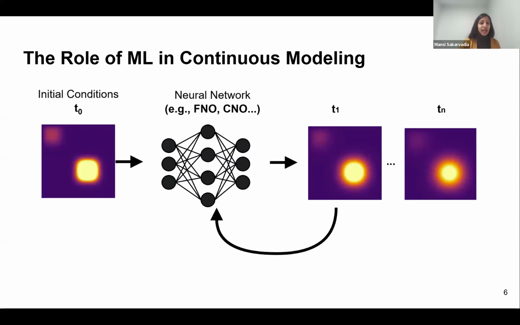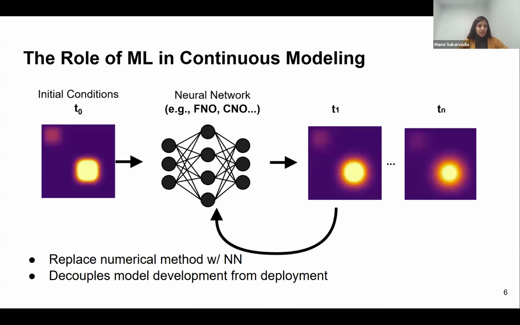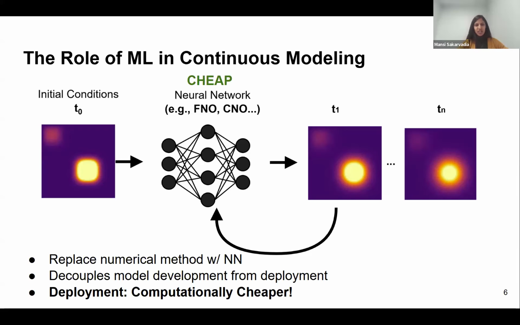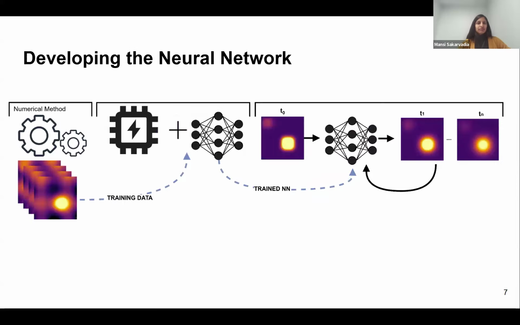What it can look like is instead of running a numerical method forward in time, you simply replace it with a set of pre-trained neural network parameters. And what this gives us is a workflow in which model development is decoupled from model deployment. And notably, what this means is that the deployment of the model is now substantially cheaper than querying a numerical method over and over again.